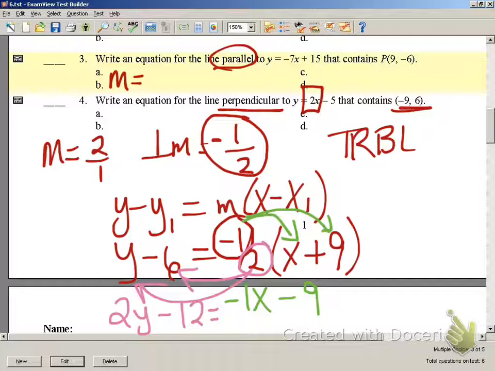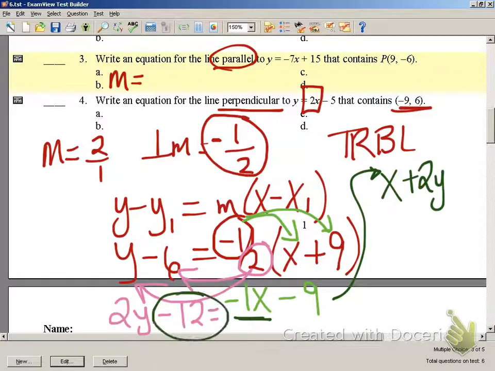In order to put that in standard form, I have to get x and y on the same side. So I'm going to take that negative 1x and I'm going to move it over. And the way that I move it over is by changing its sign. I'm going to keep the 2y where it is. If I move the negative 12 across, that becomes positive 12.